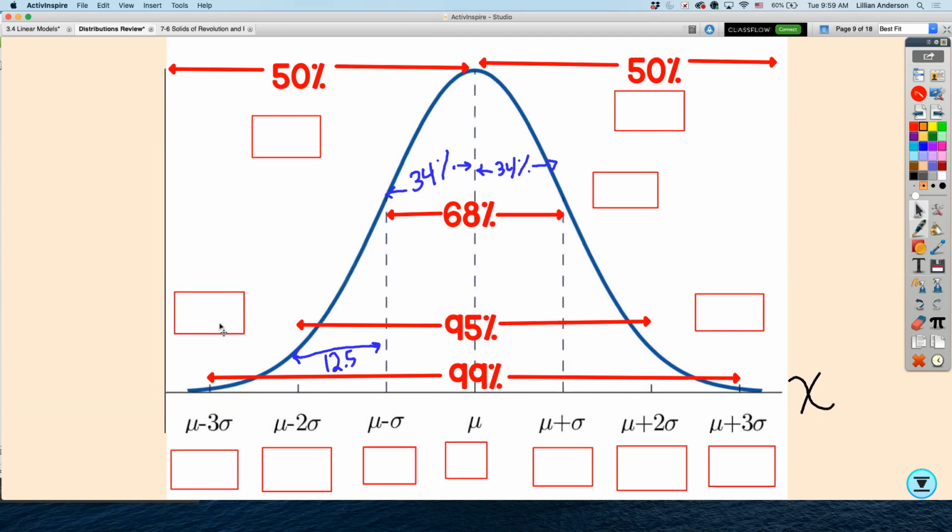If you're like, well, where are you getting this 34 and this 13.5? We'll take those percentages and divide them in half. So half of 68 is 34 and 34. Half of 95 is 47.5. So 47.5% is supposed to lie from 2 standard deviations to the mean. Wait, it wasn't 12.5, it was 13.5.